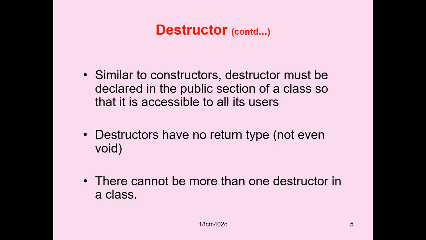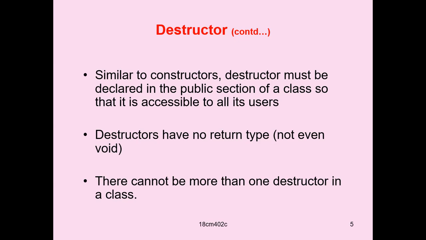Normally, when we are creating constructors, a program may consist of any number of constructors. That's why we call it a program with multiple constructors. Default constructor, parameterized constructor, and copy constructor can be in the same program. But here we don't have more than one destructor, because the purpose of the destructor is simply to destroy the memory created for the object.